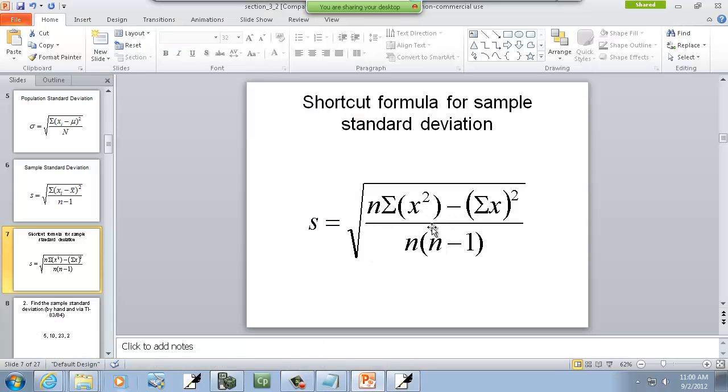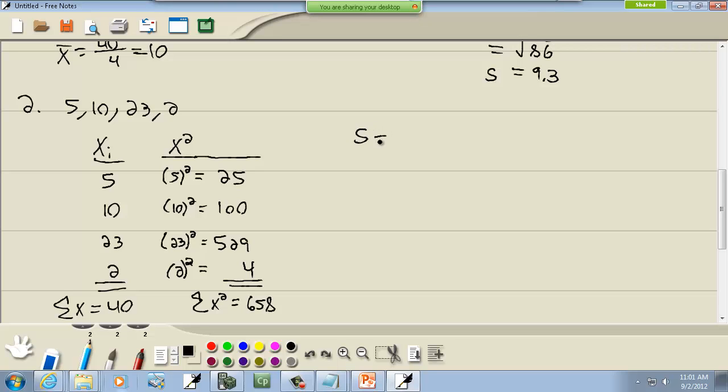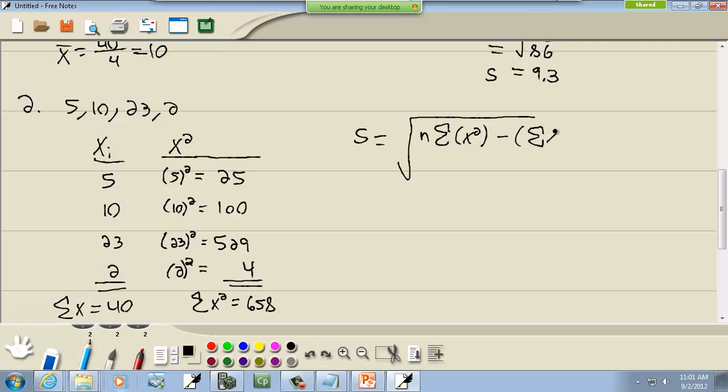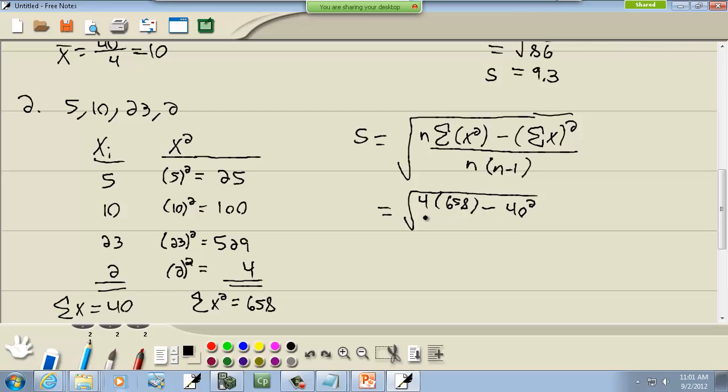So now I have this, I'm ready to plug into my formula. We got n times sigma of x squared minus sigma x, all that squared, divided by n times n minus 1. Now n would be 4, that's how many we have, times sigma x squared, that'd be 658, minus sigma x, 40, all that squared, over 4 times 4 minus 1.